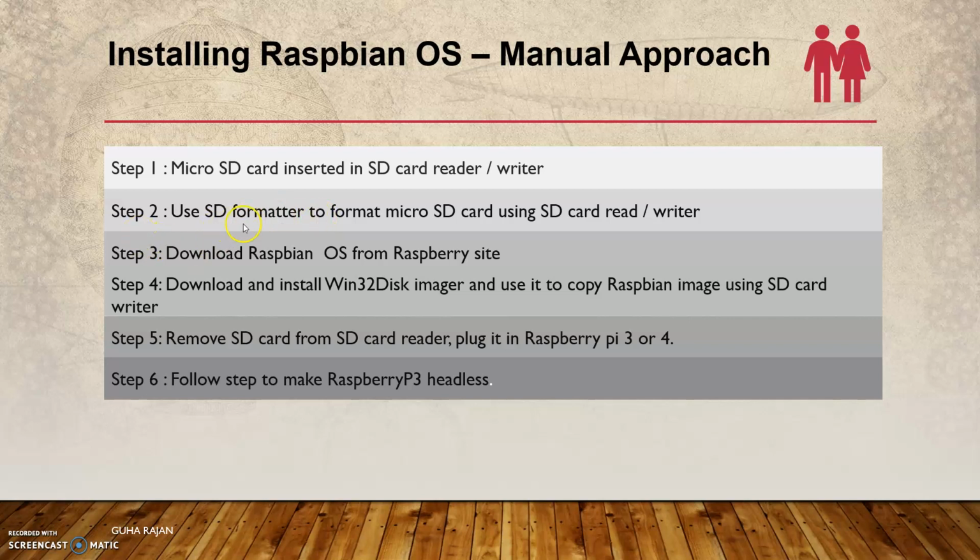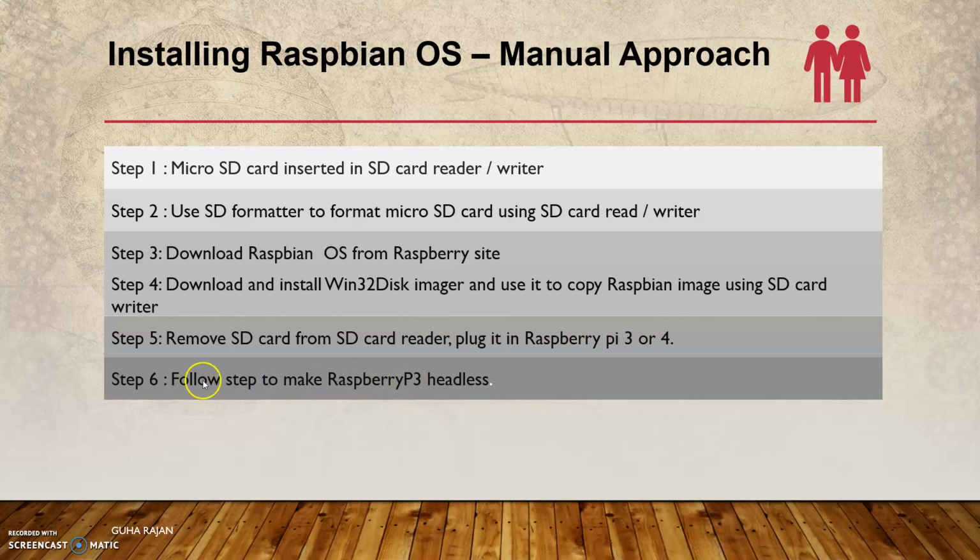You need to have the SD card formatter, format it, download the Raspbian OS, then download and install the Win32 Disk Imager, use it to copy the Raspberry image to the SD card, remove the SD card, and then plug it in the Raspberry Pi 4 and follow the steps.